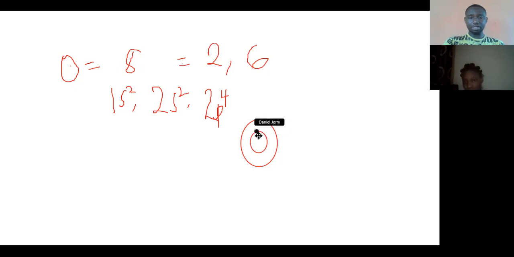Now, this is the oxygen atom number one. It has the other one.